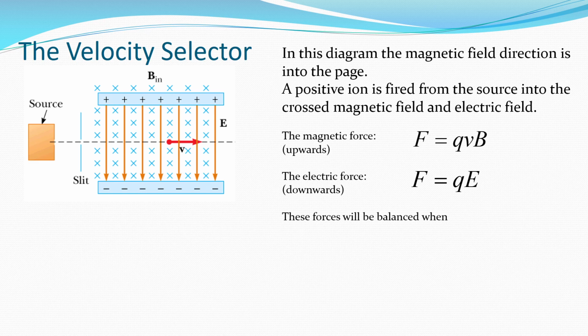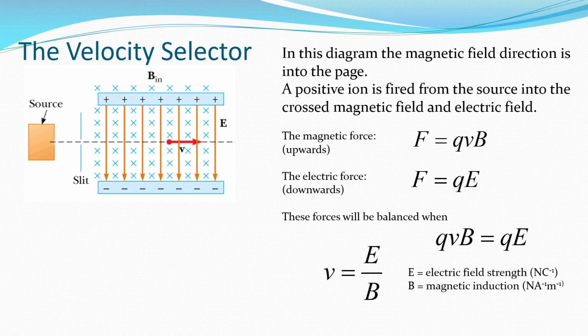So when those forces are balanced, QVB is equal to QE, which we can then rearrange because we can take out the common value of the charge and say V is equal to E over B. The velocity of the particle is equal to the electric field strength divided by the magnetic field. E is the electric field strength in newtons per coulomb, B is the magnetic induction in newtons per ampere per meter, or teslas, obviously.